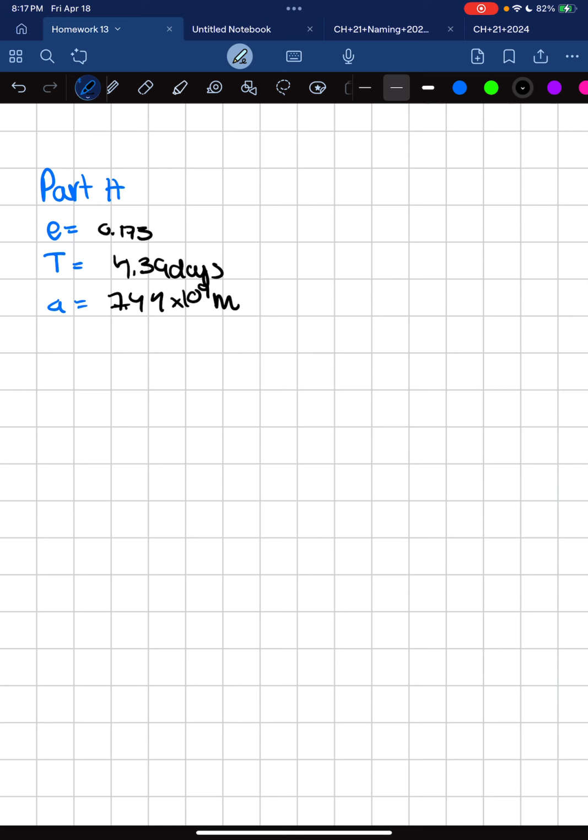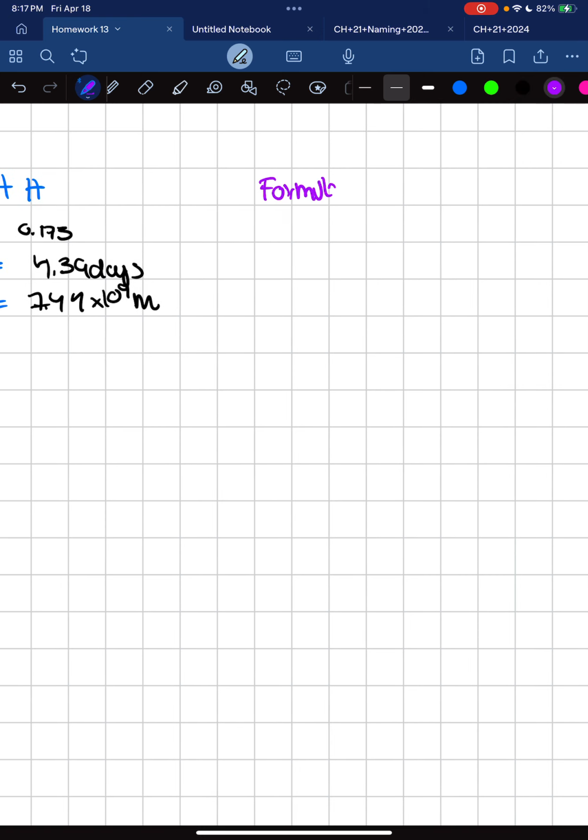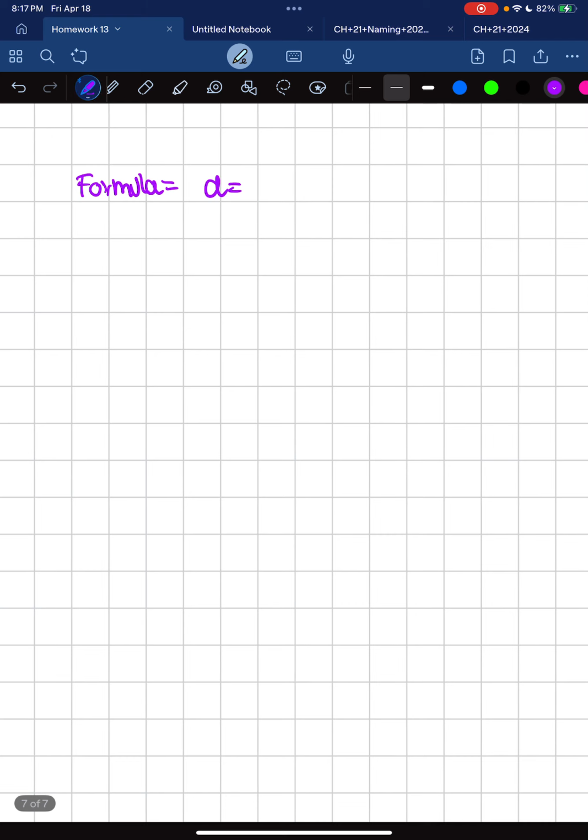So now let's put the following formula, which is going to be this one, that the distance is going to be the semi-major axis times 1 minus the eccentricity, which is the one that we already used. And then let me go ahead and put that here. 7.41, which is our semi-major axis, and then inside this, 1 minus 0.173.